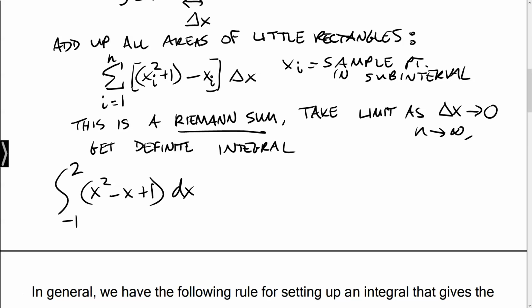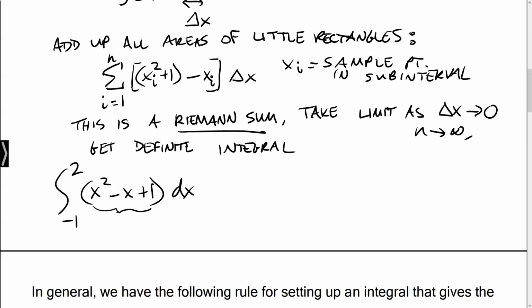dx. Now notice, you had an interpretation of this integral before, but it would have been the area under the graph of this entire x squared minus x plus 1, that single function above the x-axis. Now we have this integral, but it's not coming from a single function. It's coming from the graphs of these two functions.